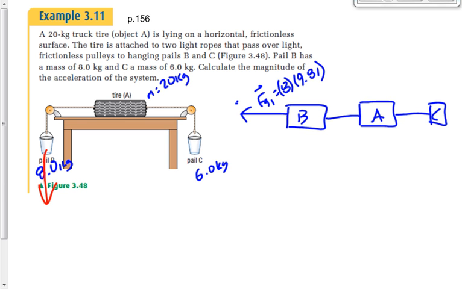There's also a force of gravity acting on pail C. We're going to make that force of gravity to the right. We'll call that FG3, and it's going to be 6 times 9.81. It's not really to the right, it's also truly downwards. But the reason that I've drawn it like I have is to remind you that these forces are acting in opposite directions.